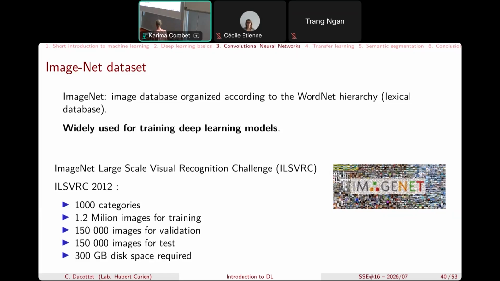There are 1.2 million images for training, and this number of images for validation and test. To store it, you need 300 gigabytes, so it's very big.